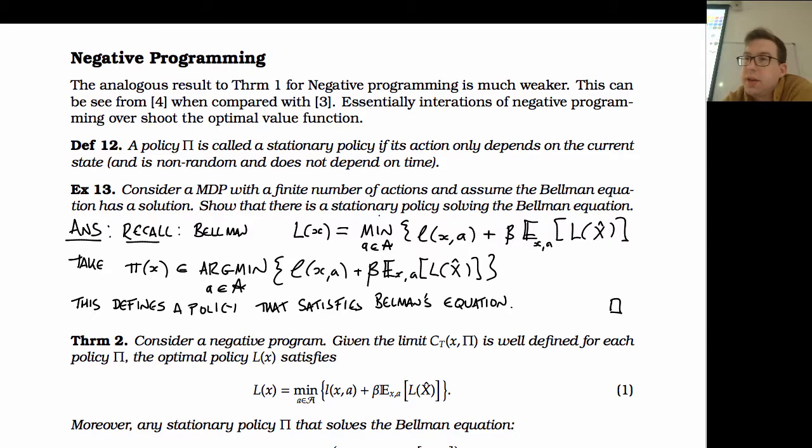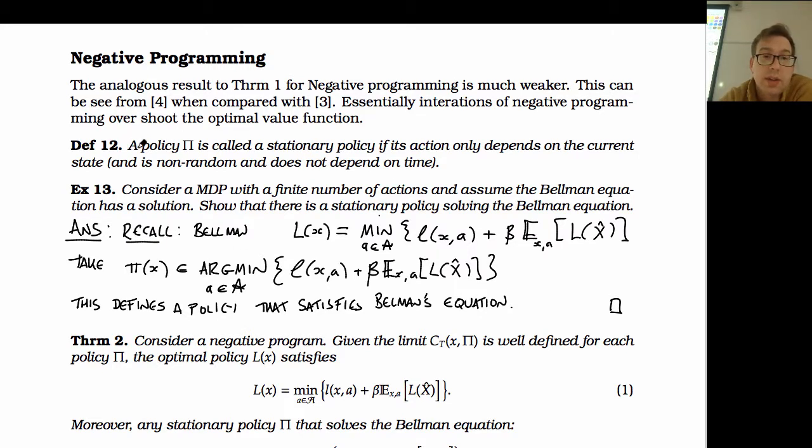All right, I noticed I skipped ahead a little bit here. So one thing to say is that when we have, for each state x, an action that we choose by our policy pi(x), then it's called a stationary policy. So I'll just highlight that.